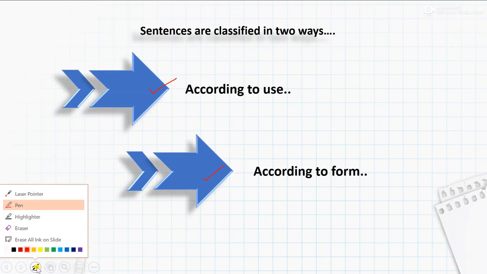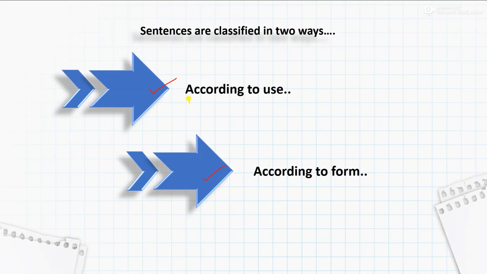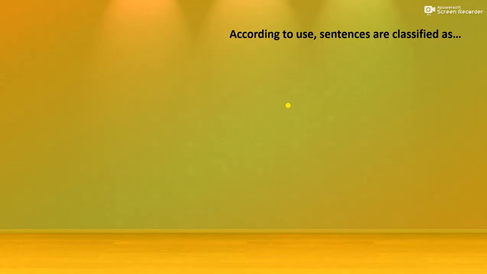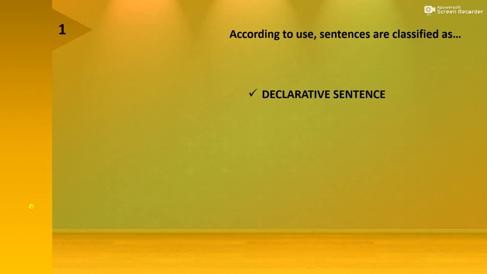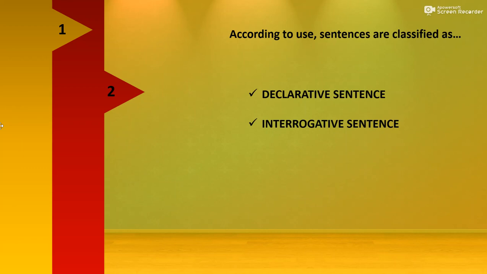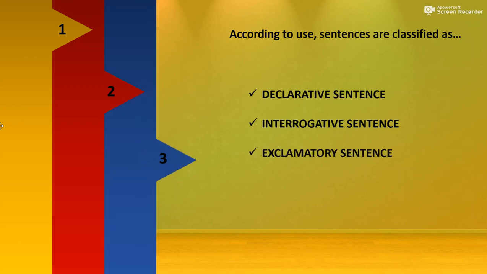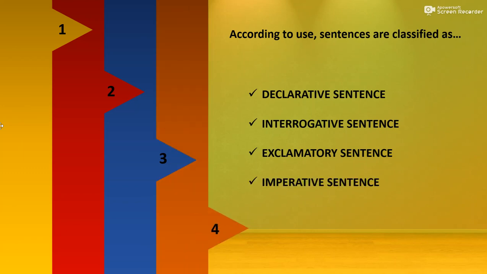Now in today's topic, we are going to focus on the first part, that is how are sentences classified according to their use. So basically, according to use, sentences are classified as: first is a declarative sentence, the second is an interrogative sentence, the third is an exclamatory sentence, and the last is imperative sentence.